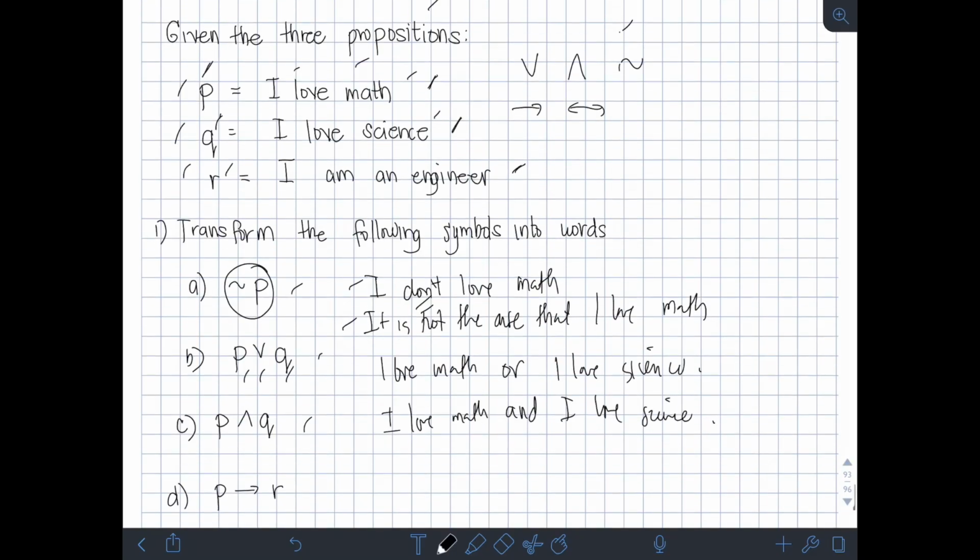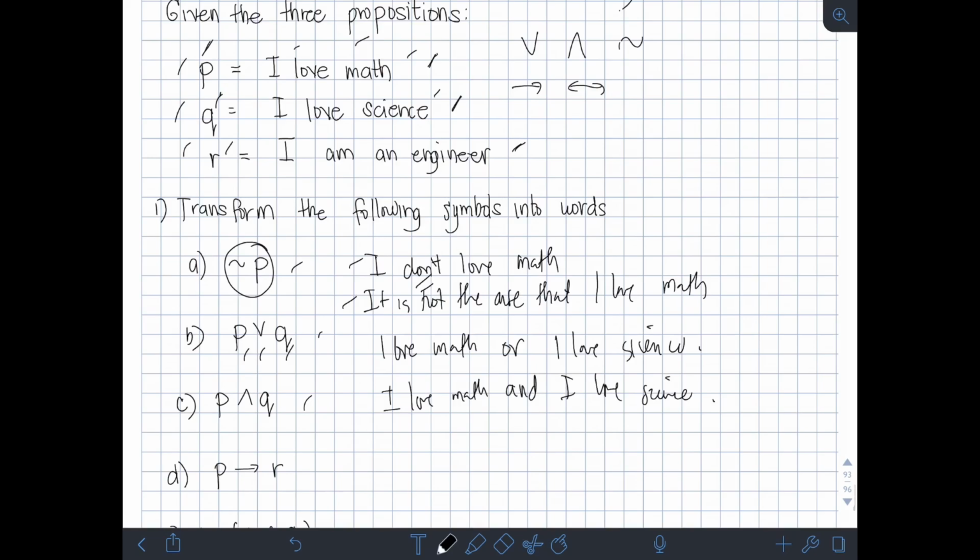Okay? Next, P then R. Okay, di ba kapag if then tayo, gumagamit tayo ng if muna. So, yung if natin is itong P. So, if I love math, then yung then natin is R. So, therefore, then, I am an engineer.